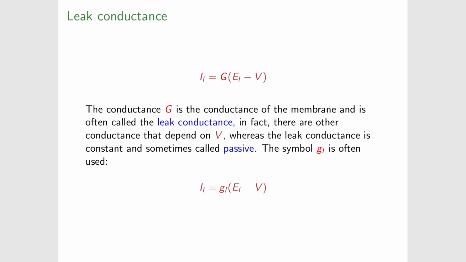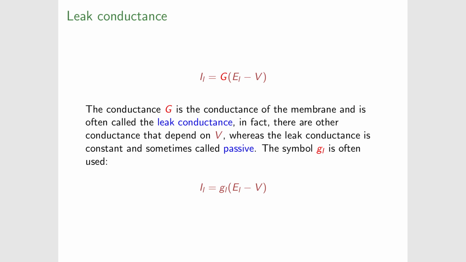So in summary, this is the leak conductance. I'm going to call it I sub L just because it's the leak conductance. It's the thing that corresponds to the leak in the bucket equation. It's the leaking into or out of the cell of charge. In this case, charge carried predominantly as the charge on a potassium ion, but that doesn't matter.